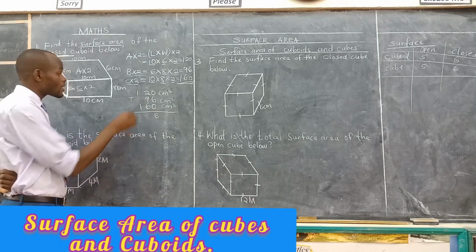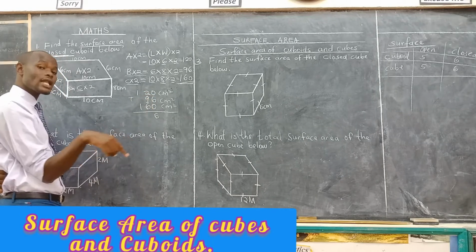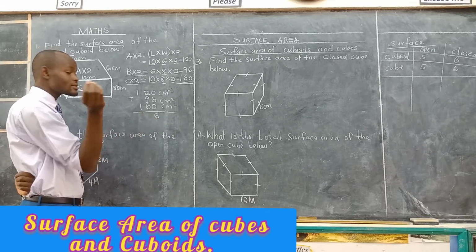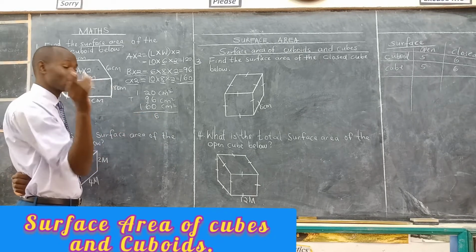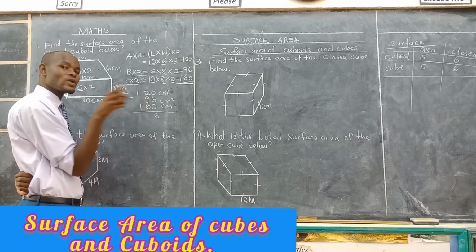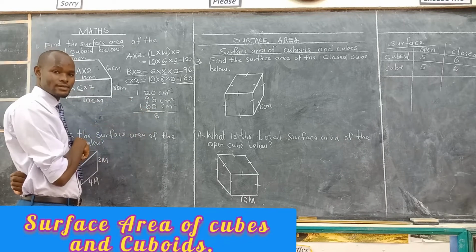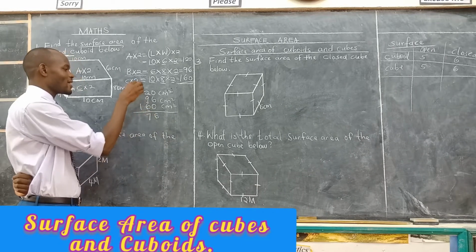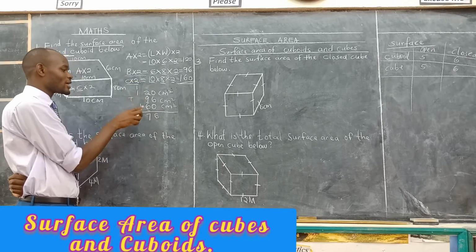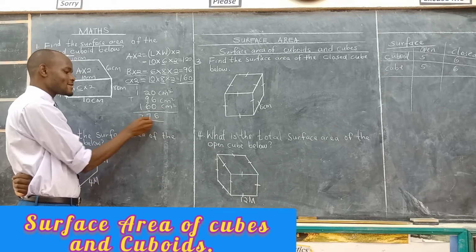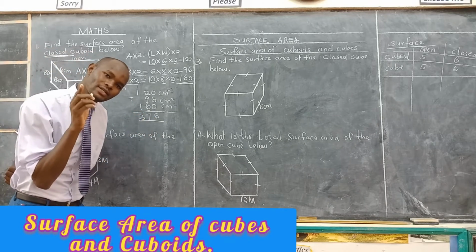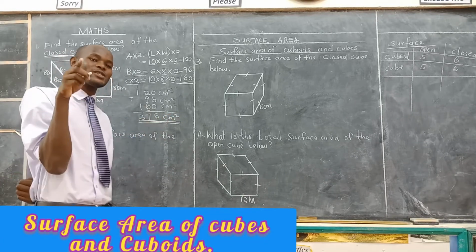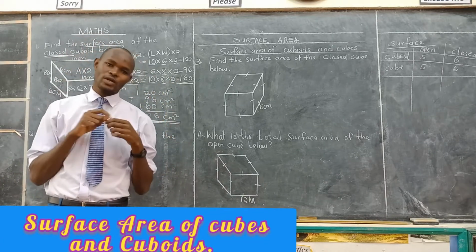We are together. 2 plus 9, you get 11. 11 plus 6, you get 17. 7, carry 1. 1 plus 1, you get 2 plus 1, you get 3. This is 376 centimeters squared. This is the total surface area of our cuboid which was closed.